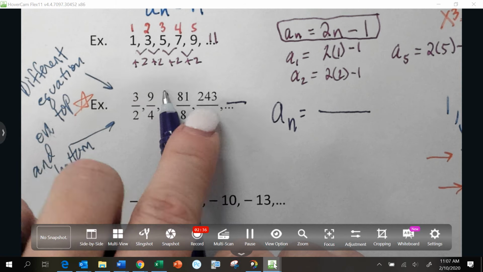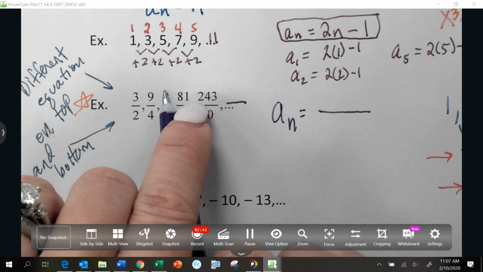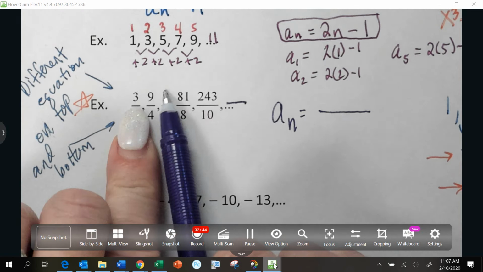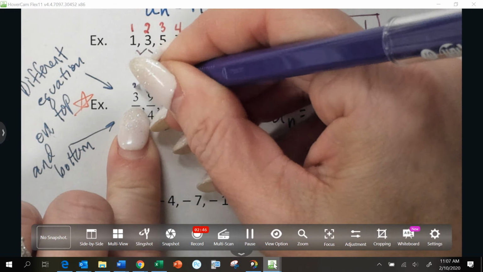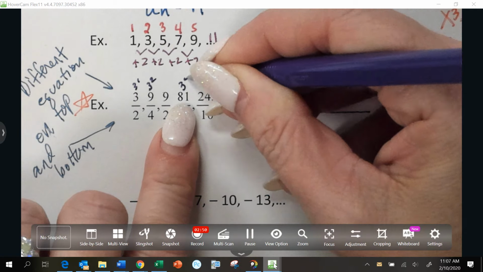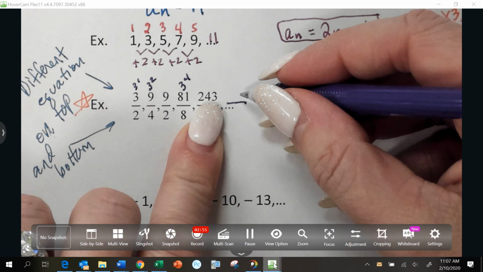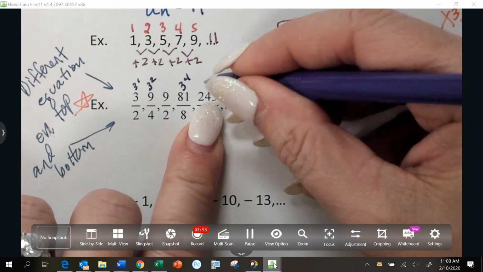If I factored 81, it would be 3 times 3 times 3 times 3. 3 is 3 to the first. This is 3 to the second. This is 3 to the fourth. Guess what 243 is? It is 3 to the fifth, right?